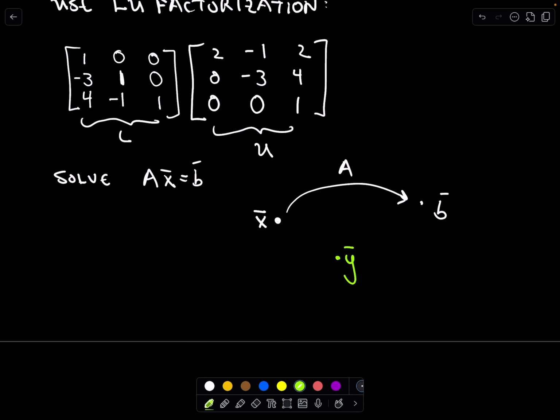I'm going to find the vector y that gets mapped to the vector B using that matrix transformation L. And then once I know that, I'm going to backtrack a little bit more and then use that matrix transformation U.